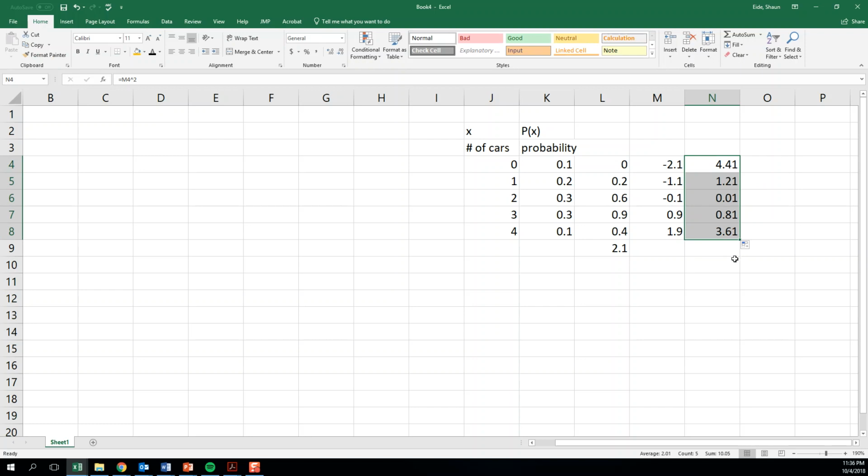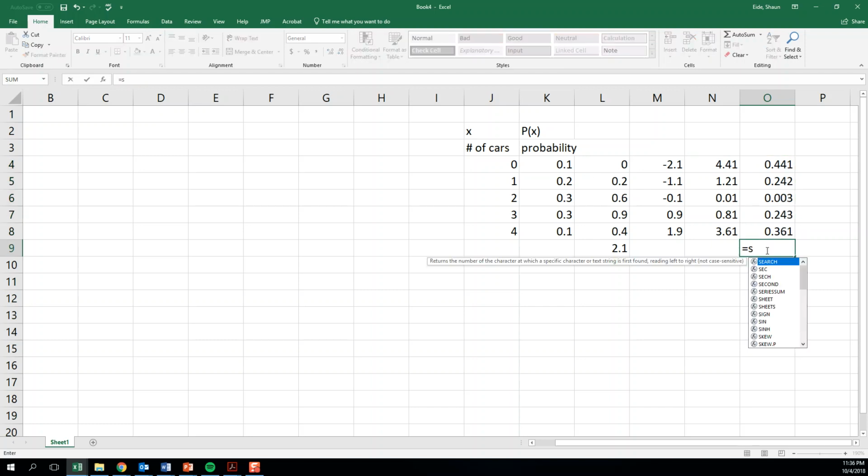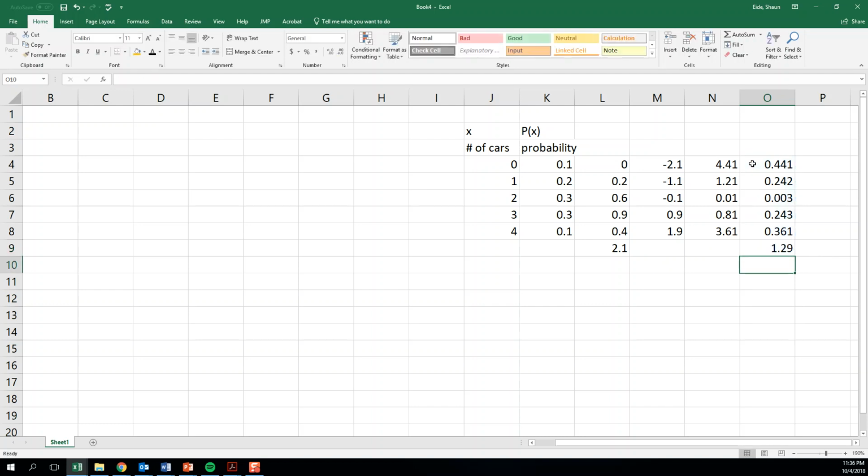And then after you square it, in order to get the variance, you have to once again multiply this column right here by the probability. So equals this multiplied by the probability of occurrence, and you drag it down again. Okay, and then if you sum this together, that will give you the variance, or the spread of the distribution.